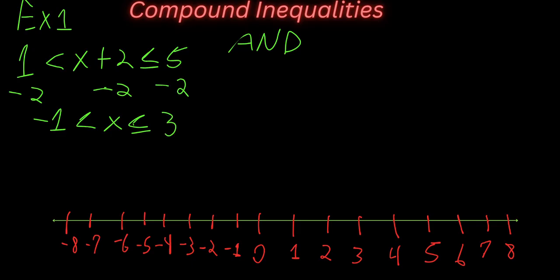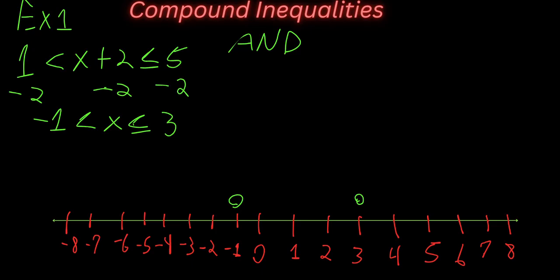Okay, so this is how I'm going to approach graphing this. We're going to have an open circle at the point -1. Now, x, if we look here, x is less than or equal to 3, so we're going to have another point at 3.